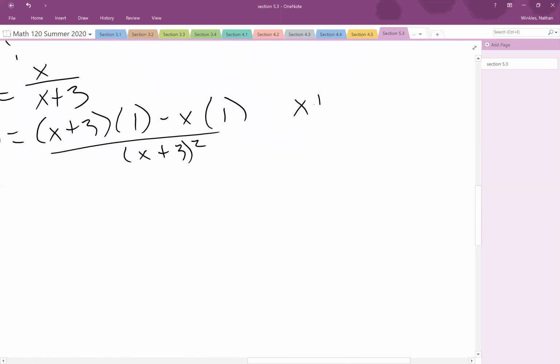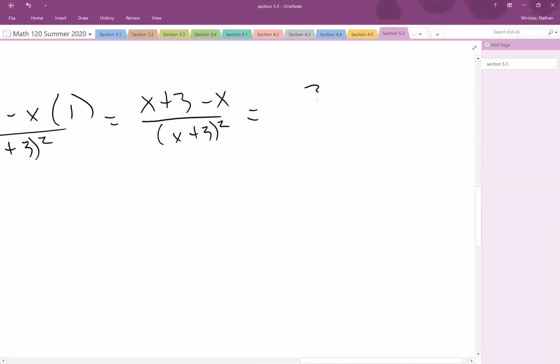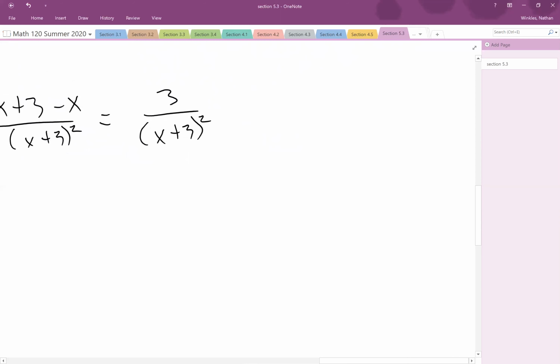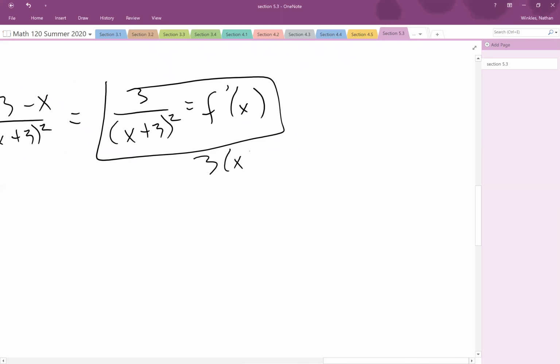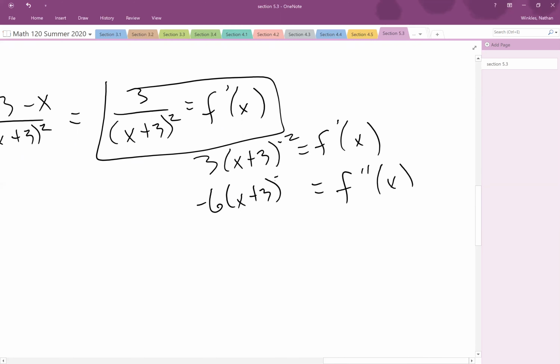So we get x plus 3 minus x over (x plus 3) all squared, which is 3 over (x plus 3) squared. This is f prime of x. If we change this to 3 times (x plus 3) to the negative 2, that means f double prime of x is negative 6 times (x plus 3) to the minus third, or negative 6 over (x plus 3) cubed.